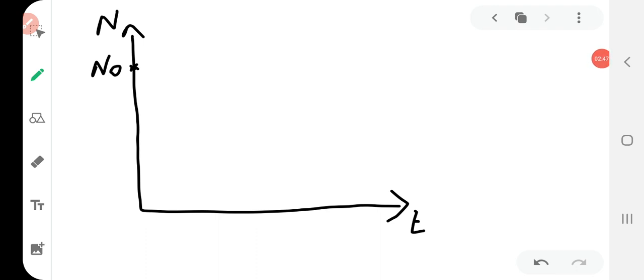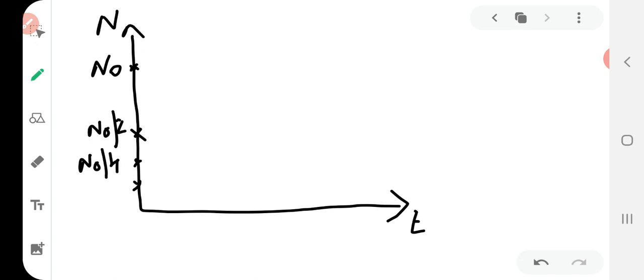Now we can represent this process graphically. That is, we are taking a plot of number of atoms in the sample versus time. So initially at time t is equal to 0, number of atoms present in the sample is N0. And we can mark half of this here, that is N0 by 2. And this will be N0 by 4.